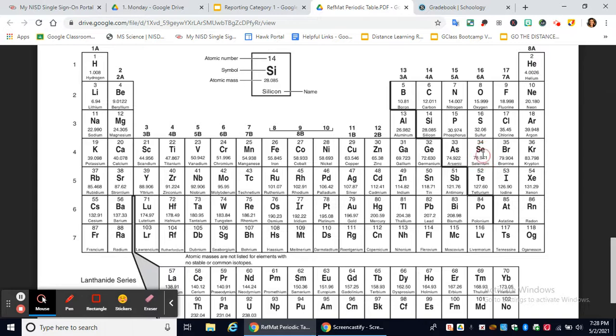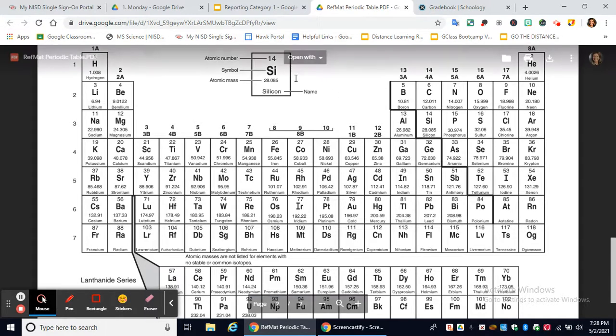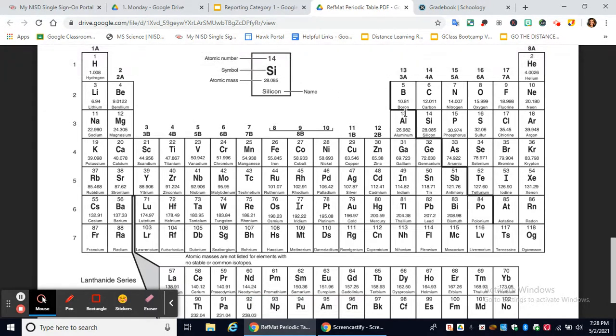And here's selenium. So aluminum has 13 electrons, because remember, that atomic number tells you how many protons and electrons you have. And then selenium has 34 electrons. So we want to take 34, subtract 13. And we get 21.